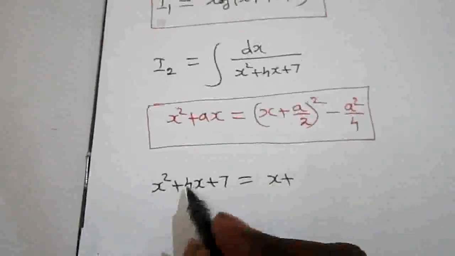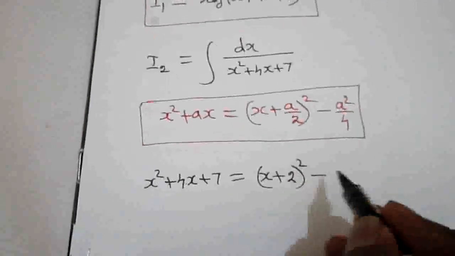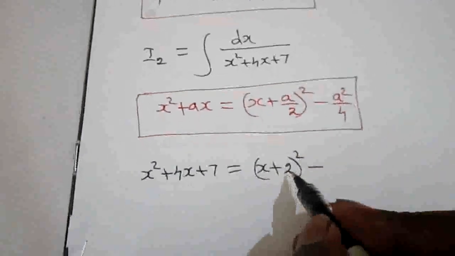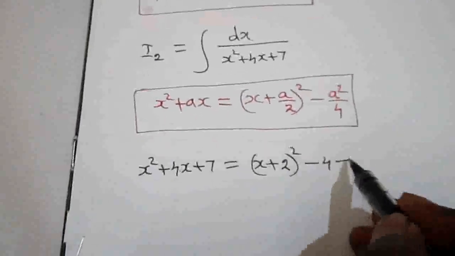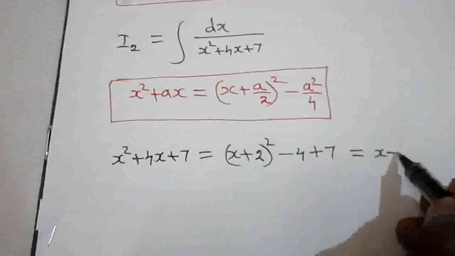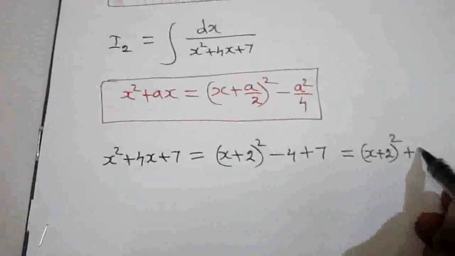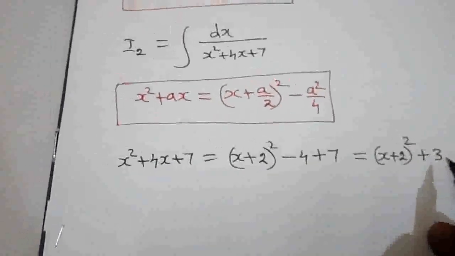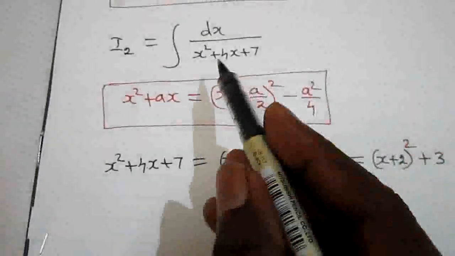It becomes (x plus a by 2) the whole square minus the square of the outside term, the square of 2 is 4. So the formula is over, and the remaining term is plus 7. Finally this will be (x plus 2) the whole square plus 3, since 7 minus 4 is 3.